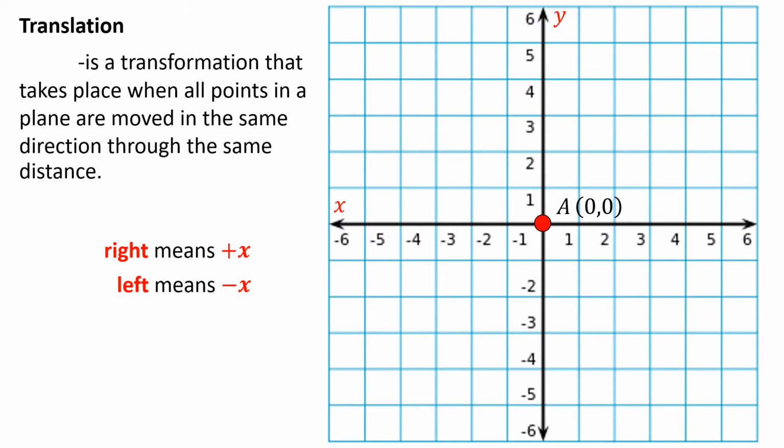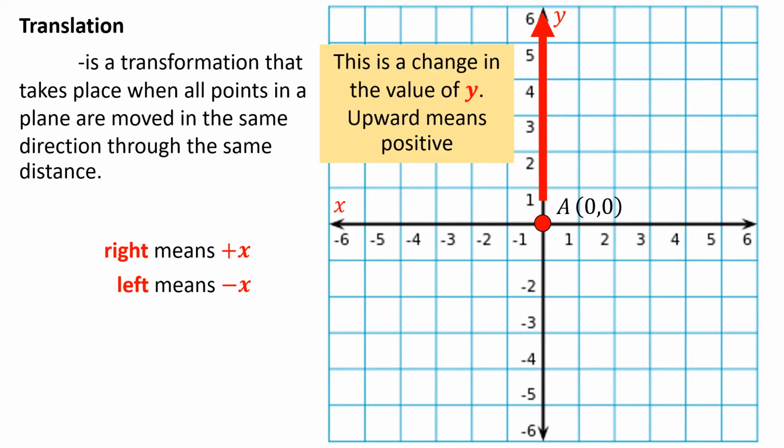And in the same way, when we are going to translate this point upward, this is a change in the value of y since we are changing on the y-axis. And going up, as you go up, the values are positive. So therefore, we are going to add to the values of y on the coordinate of a point.